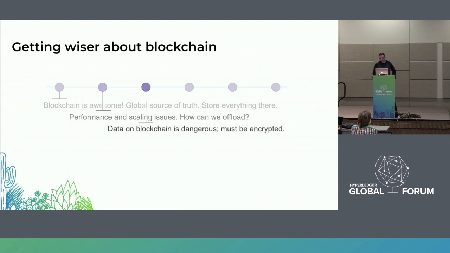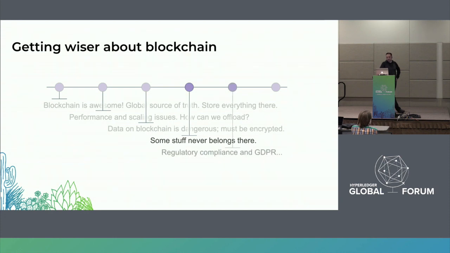And then from there I went to, well, there's certain data that when I put it on the blockchain, it's actually kind of dangerous to have it there. I need to make sure it's encrypted. And then from there I went to, well, actually some stuff never belongs on the blockchain. And from there I went to, well, there's regulatory compliance and GDPR issues. Maybe that stuff should influence how we're building stuff.